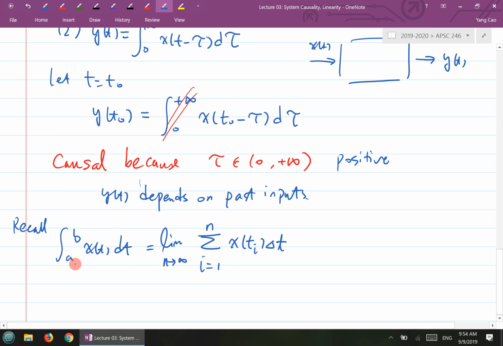In this case, n times delta t will be b minus a, and t i belongs to anywhere between a and b. So your integration is essentially a summation of many of these inputs, but in this case, all of the inputs are past inputs.